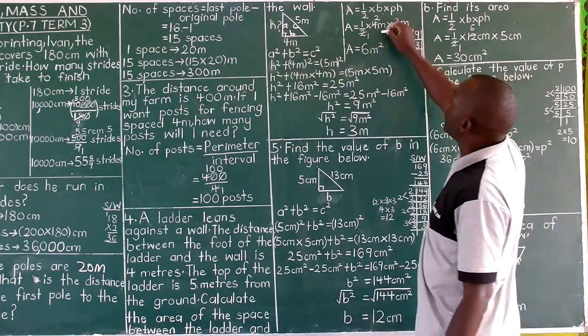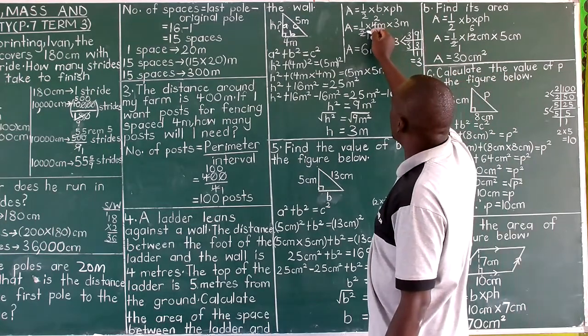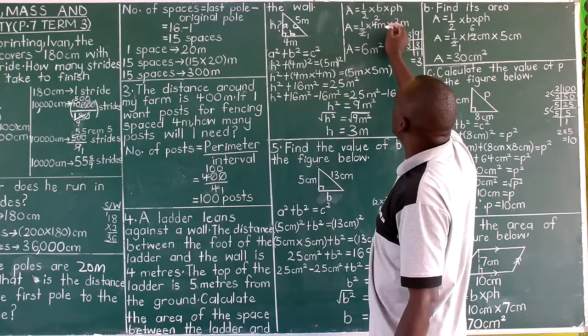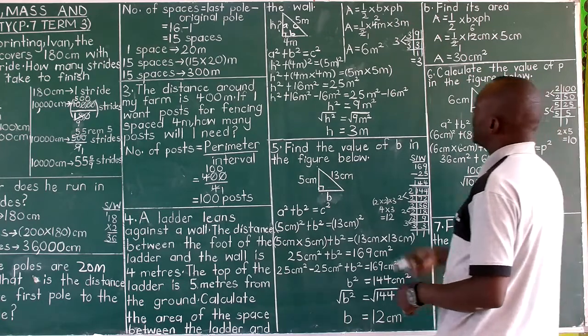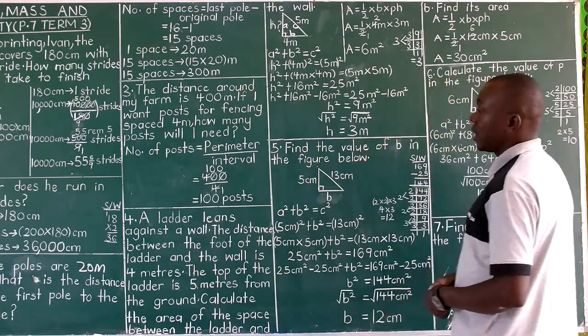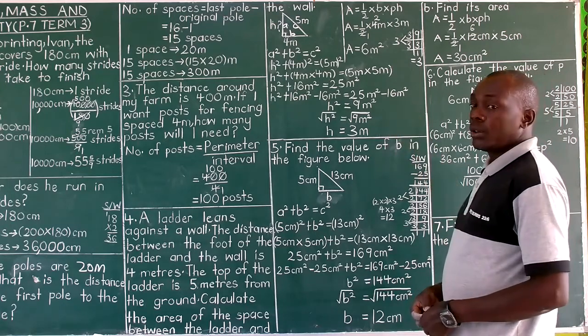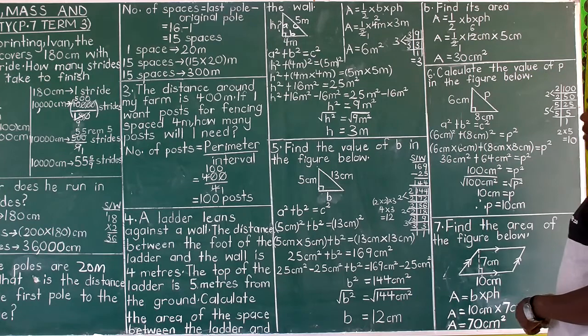Area equals a half times 4 meters times 3 meters. So we divide 4 and 2 by 2. 2 divided by 2 once, 4 divided by 2, you get a 2. So I've got 2 meters times 3 meters, thereby getting a 6 square meter space. So that is the answer. Area equals 6 meters squared, and that's all.